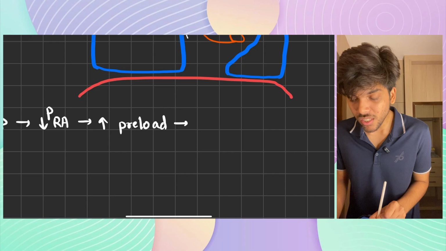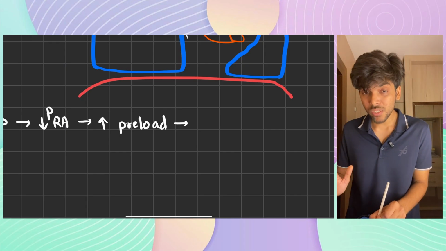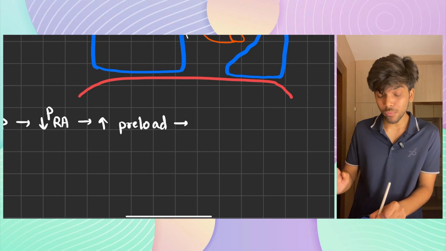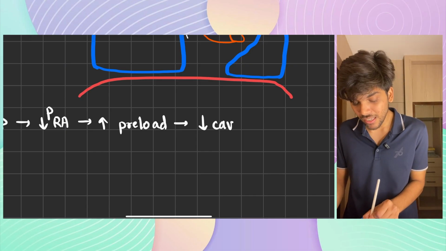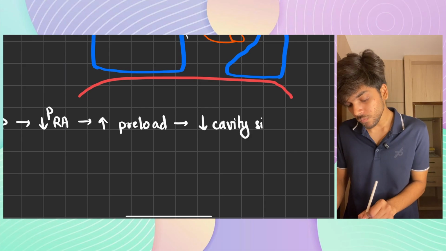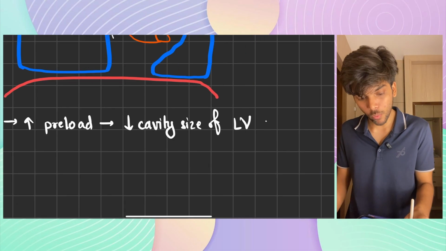So there is lots of blood inside the right ventricle which pushes the interventricular septum to the left, which results in decreased cavity size of the left ventricle. So that's number one.